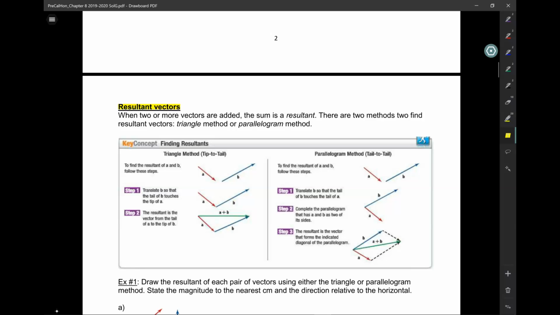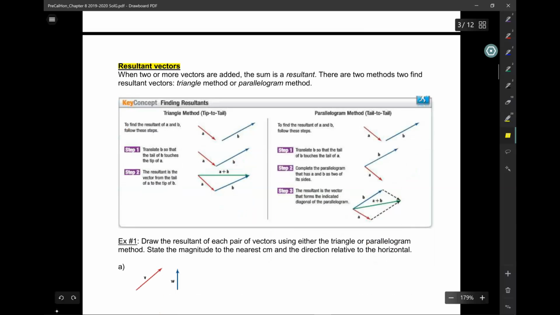So they have their own special way of adding. When we add two numbers, we get what we call a sum. When we add two vectors, the sum is called a resultant. So we say the resultant vector. There are two methods to find resultant vectors, and they're called the triangle method or the parallelogram method.